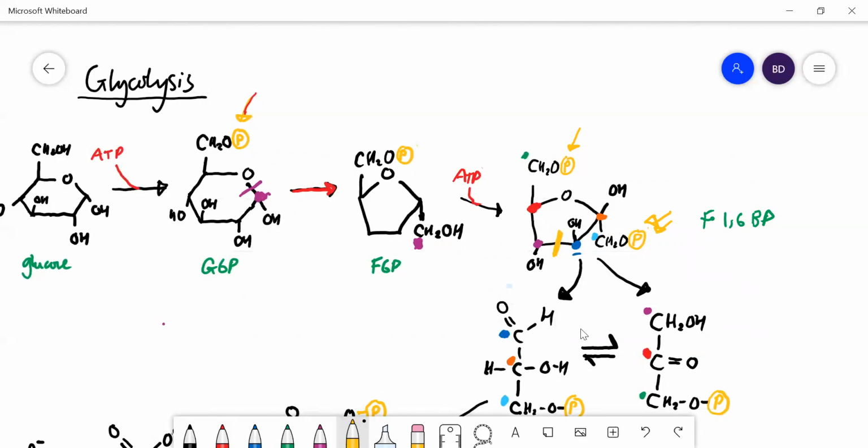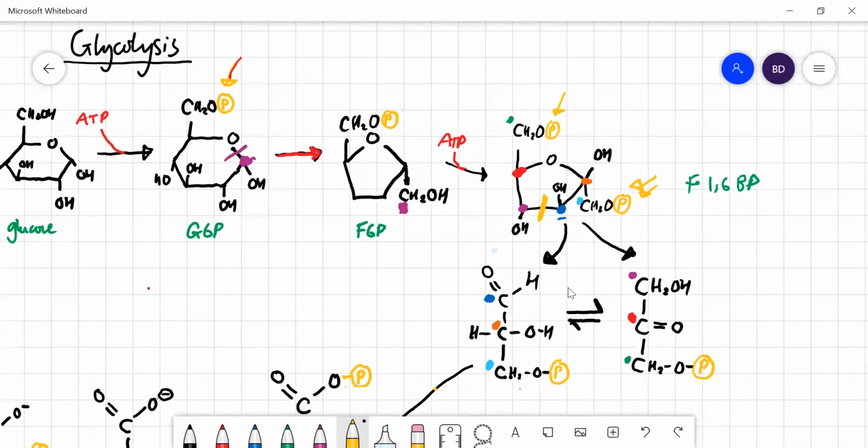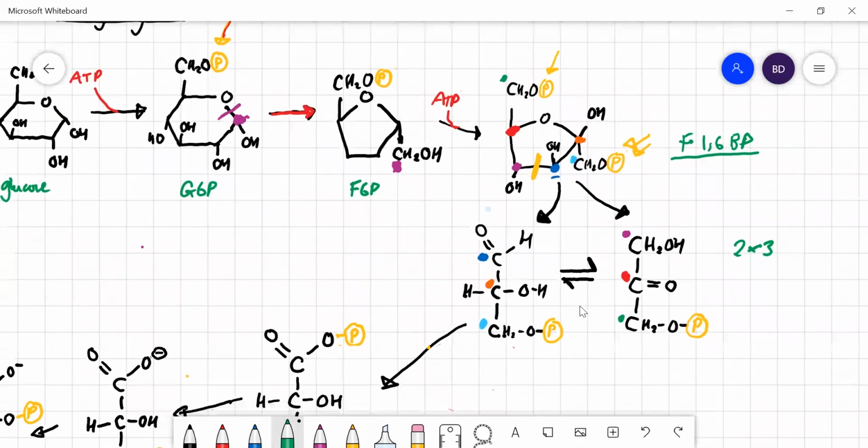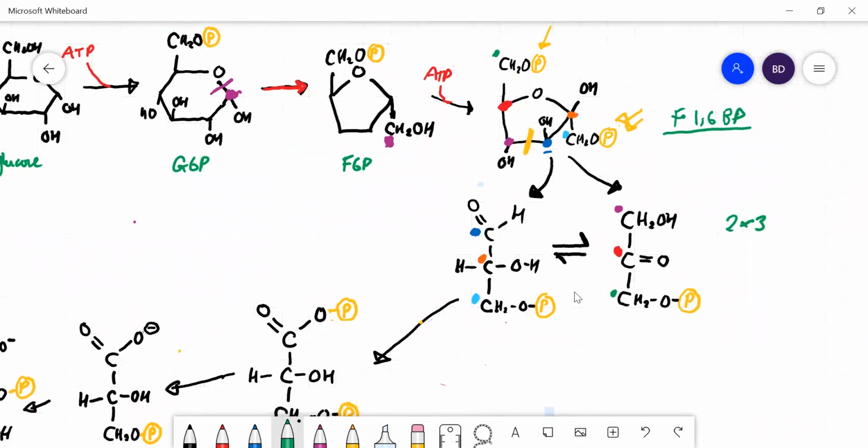Then this looks a bit confusing. You've got fructose 1,6-bisphosphate, which is a 6 carbon molecule, and you split it into 2 three-carbon units. Again, this step is not an oxidation, as you've got the same amount of oxygens in these two things.